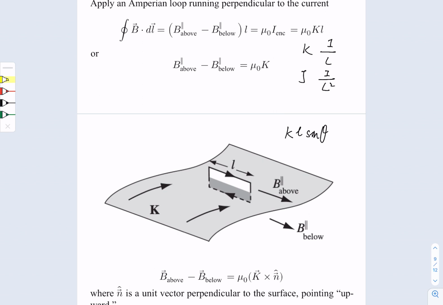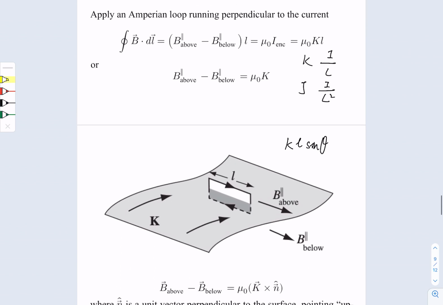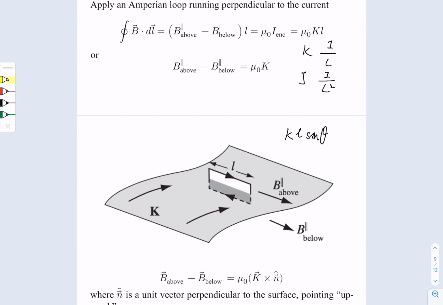So here the direction of this Amperian loop is different from the direction of the surface. So to transform to that, you have to use the cross product. You can prove that this is correct if you take the angles into account correctly.